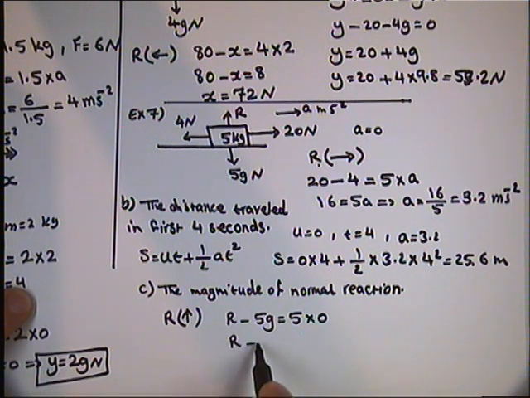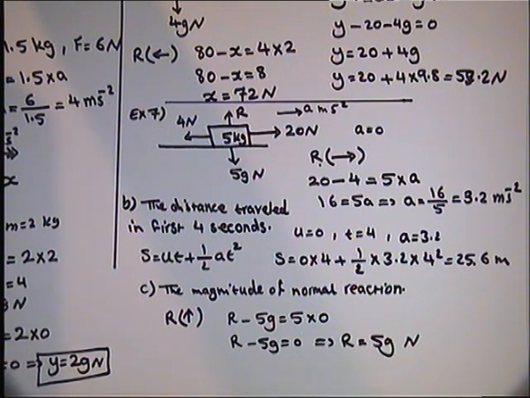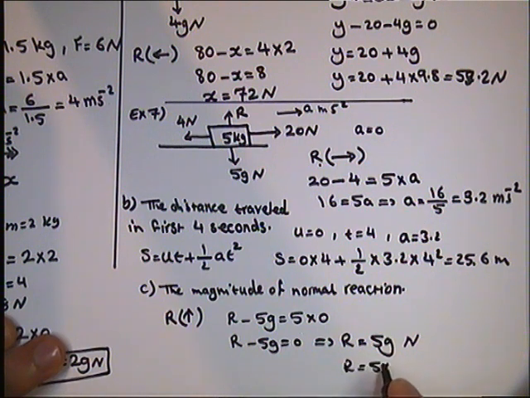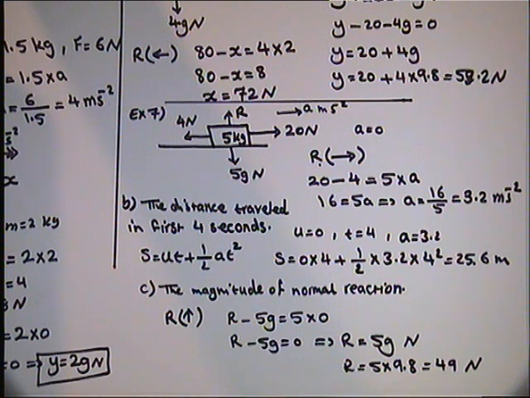So R minus 5g equals 0. Therefore, R is equal to 5g Newtons. Or you could write R equals 5 times 9.8, which is 49 Newtons. Therefore, the normal reaction has a magnitude of 49 Newtons.